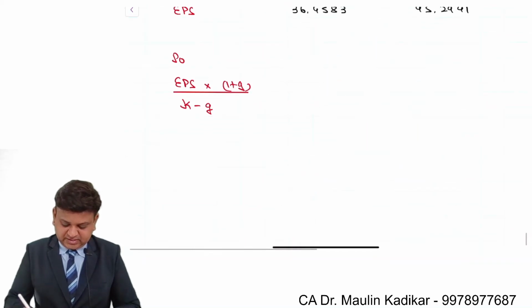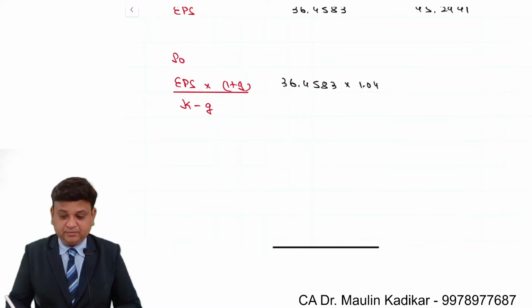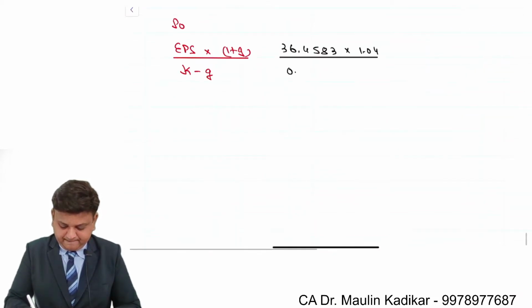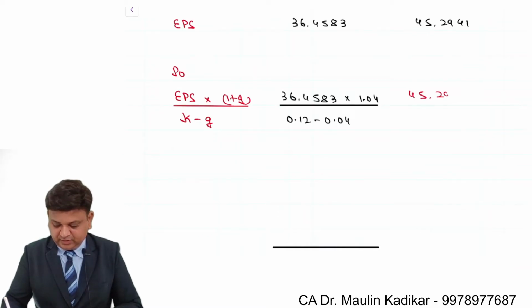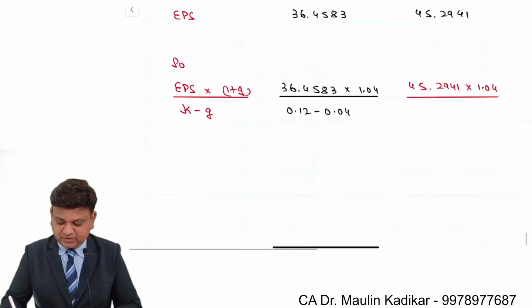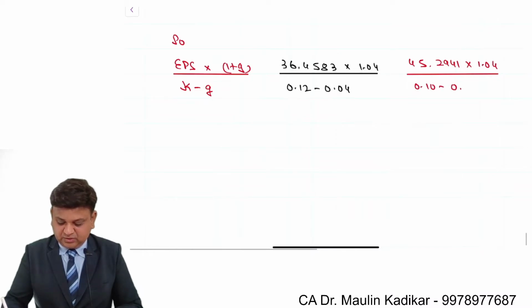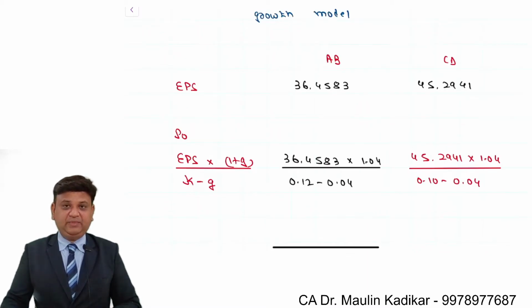So we understand that it is like this: 36.4583 into 1.04 divided by cost of capital minus growth rate. Next, 45.2941 into 1.04 divided by cost of capital minus growth rate, 0.10 minus 0.04. This is the way the price can be calculated.